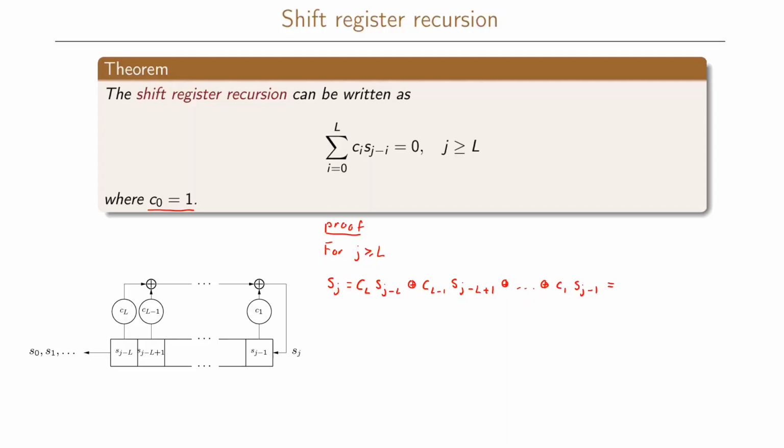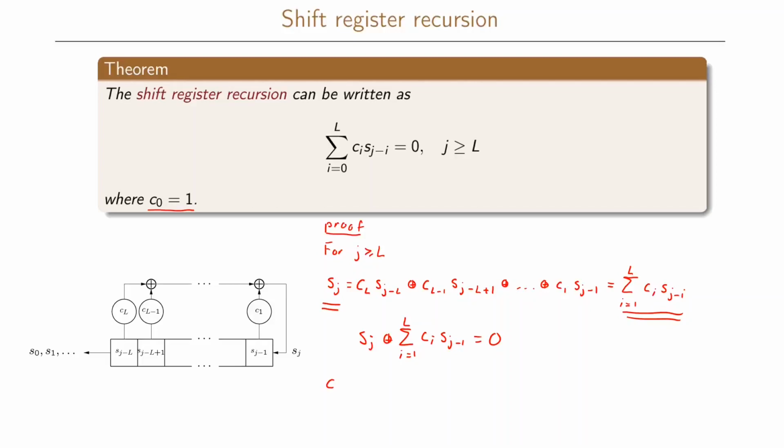We can write this as the sum where i goes from 1 to L of Ci S j minus i. So if S j equals this sum, we can also write S j plus the sum where i goes from 1 to L of Ci S j minus i equals 0.